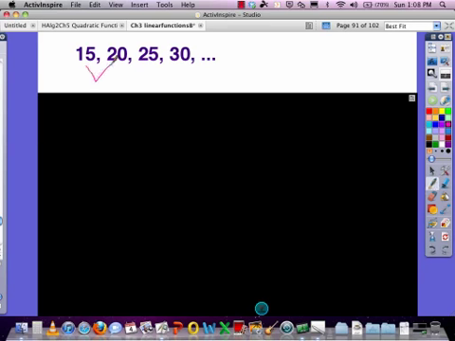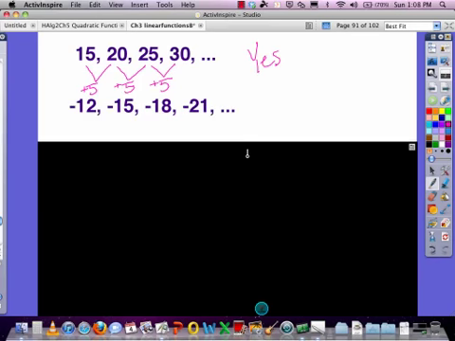The difference between 15 and 20 was a plus 5, then between 20 and 25, a plus 5, and then between 25 and 30, a plus 5. At this point, with 4 terms in your sequence, you would conclude that this is, yes, an arithmetic sequence. We're not doing anything more than identifying yes or no at this point.